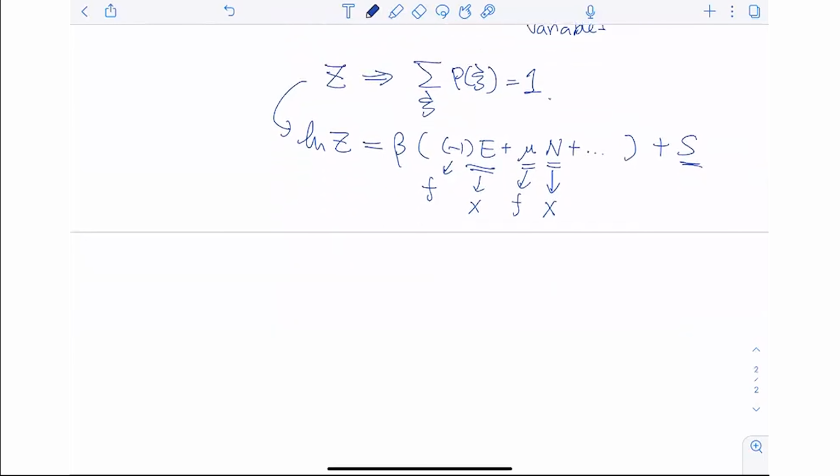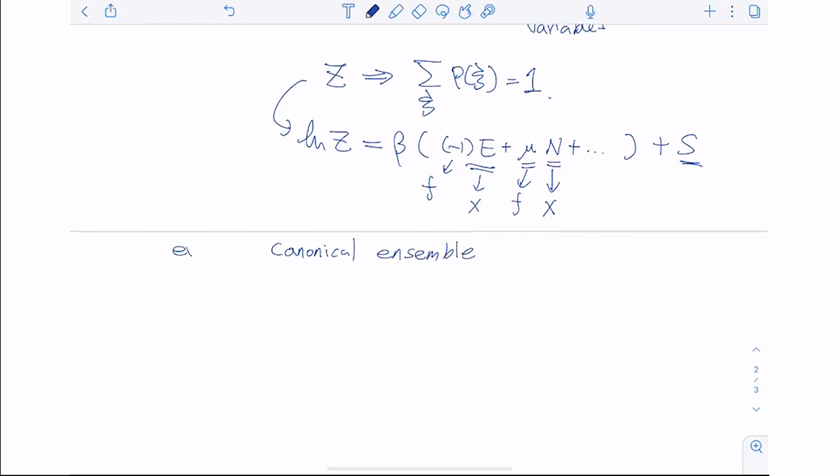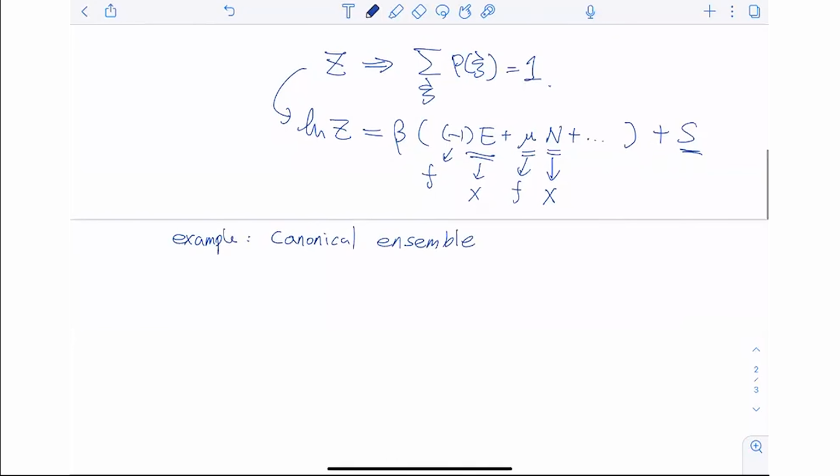So let me try to be more precise. For the canonical ensemble, the corresponding thermodynamic potential is the Helmholtz free energy.